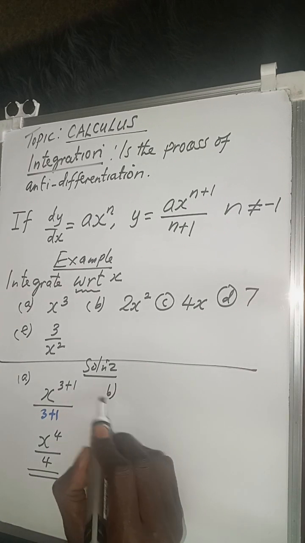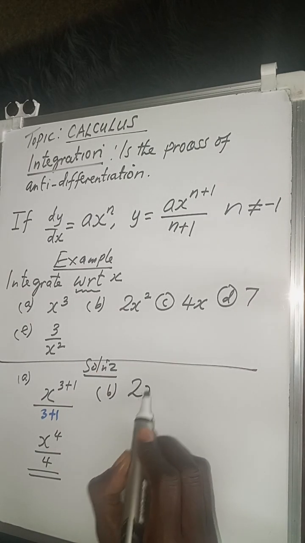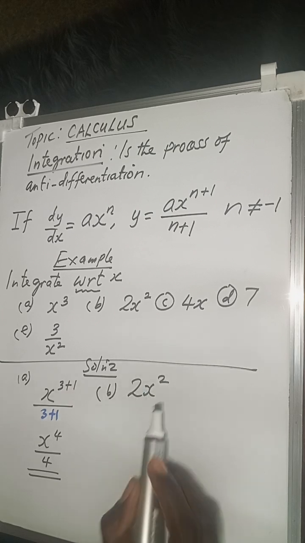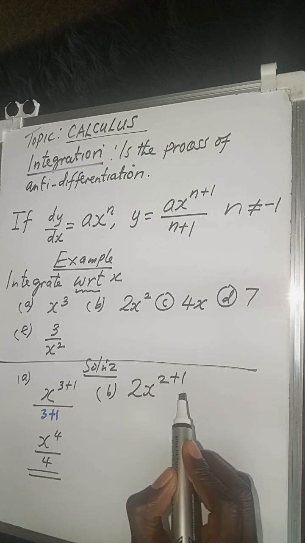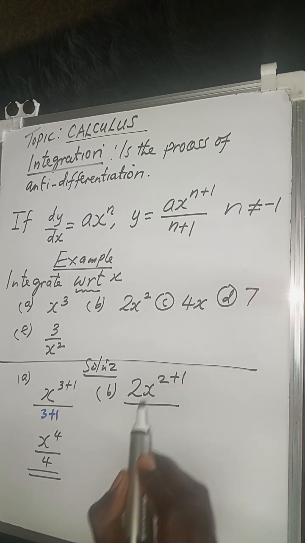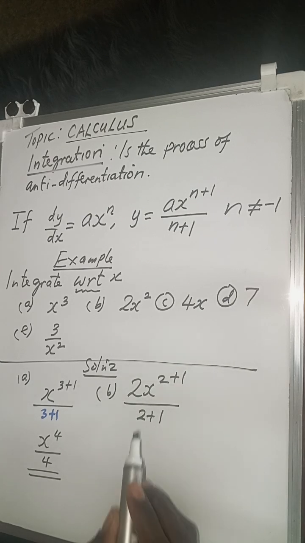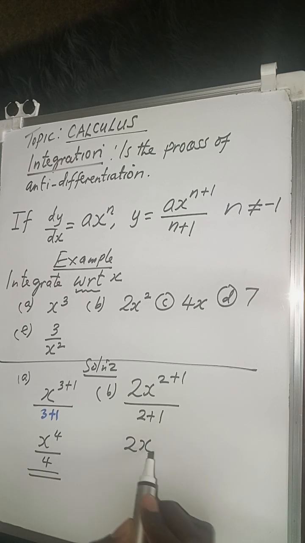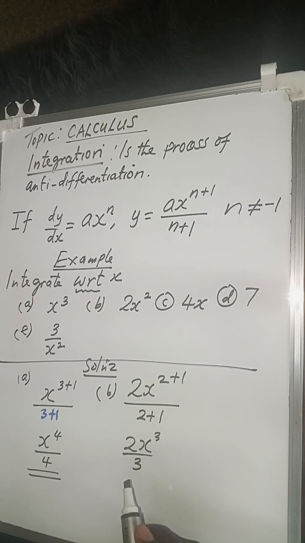Let's move on to b. That is going to be 2x raised to the power 2. So what do I need to do? You add 1 to the index, then you divide by the new power, which is 2 plus 1. So that will give me 2x raised to the power 3 divided by 3. So that is going to be the expression that we are going to have.